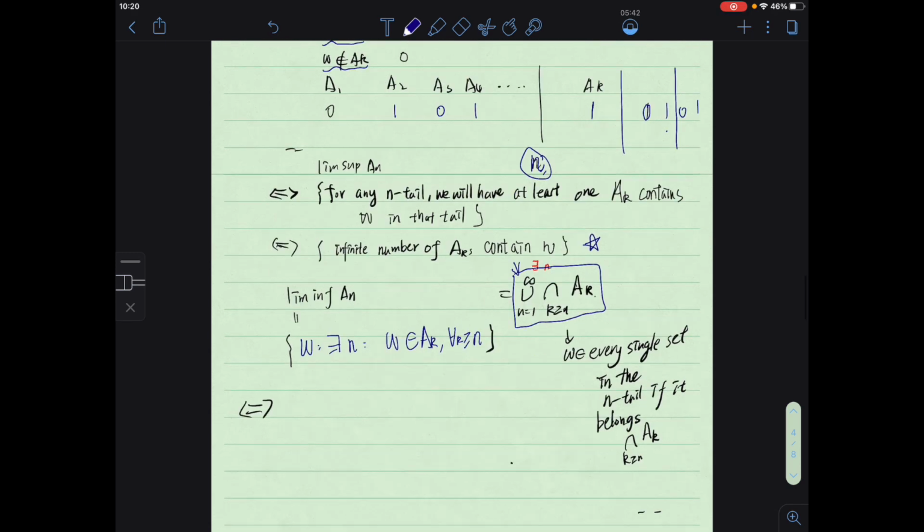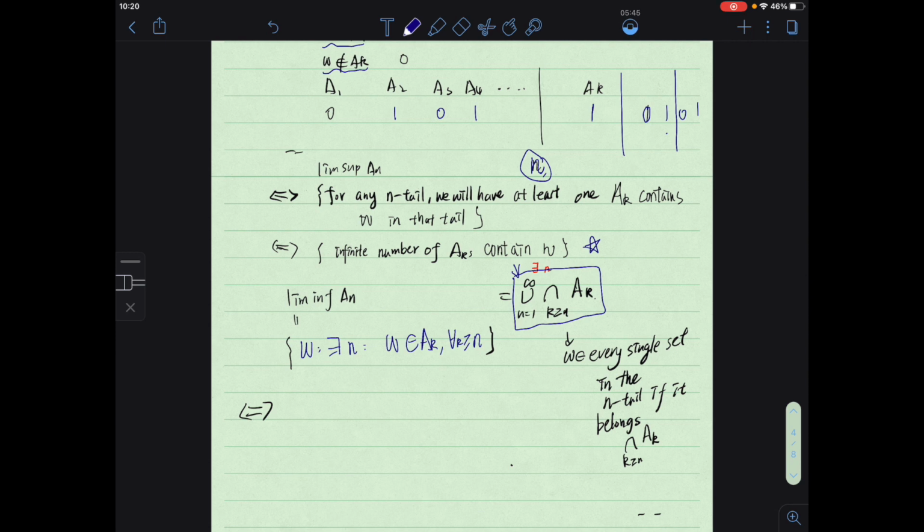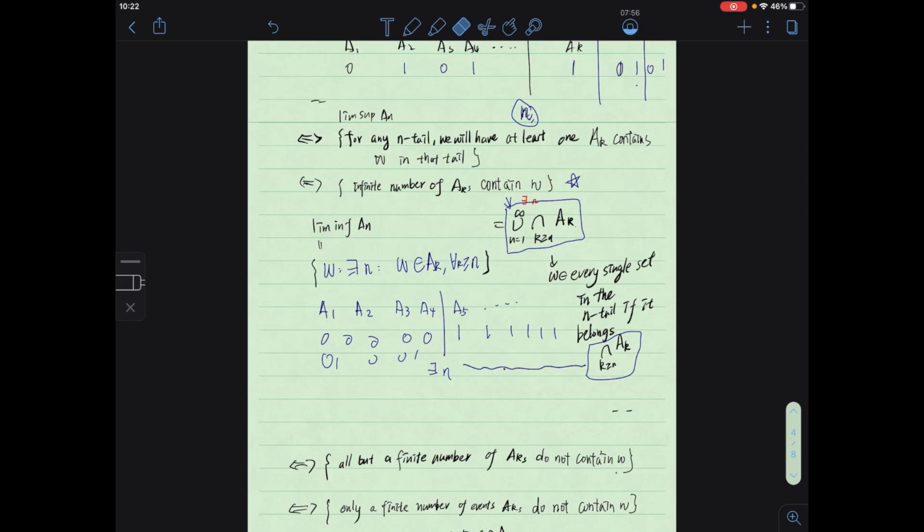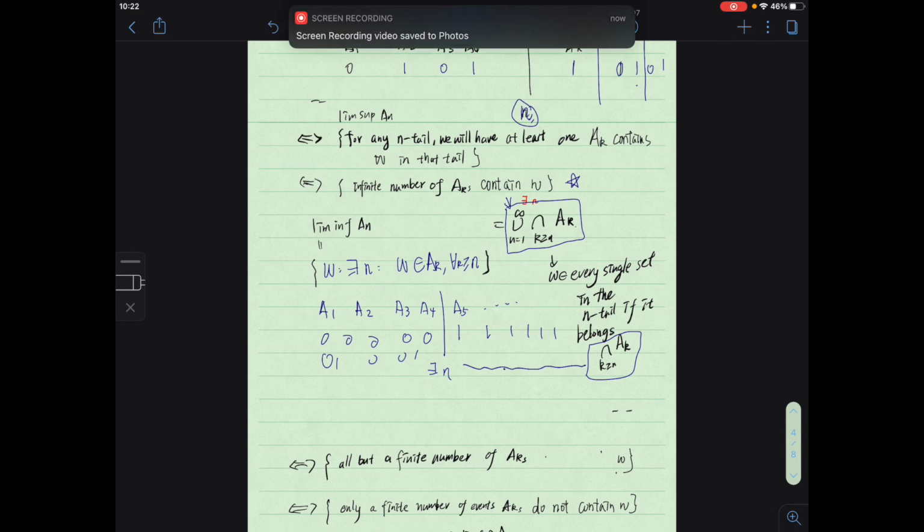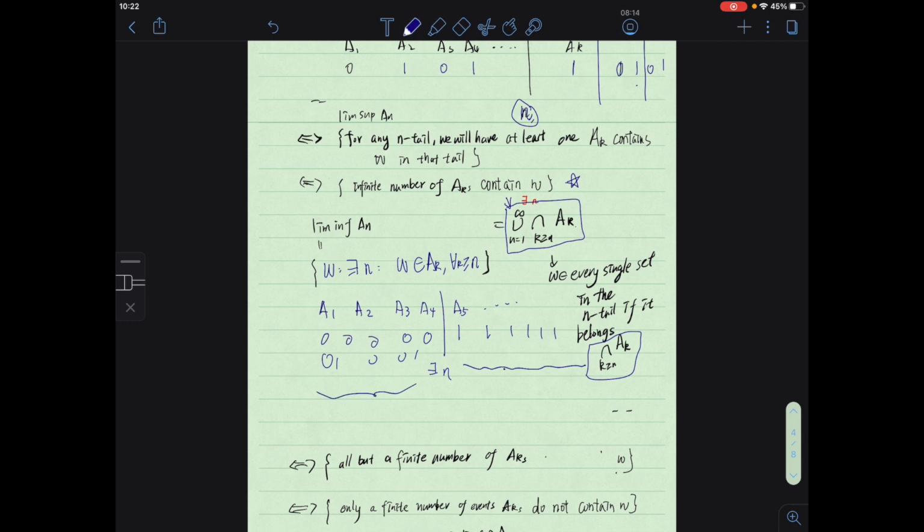So I put some notes down. Omega has to belong to every single set in the n tail if it belongs to the intersection of all AK, right? Let's formalize what we just wrote in words. We claim that almost all the sets have omega, but some of the sets in the front don't have omega, right?